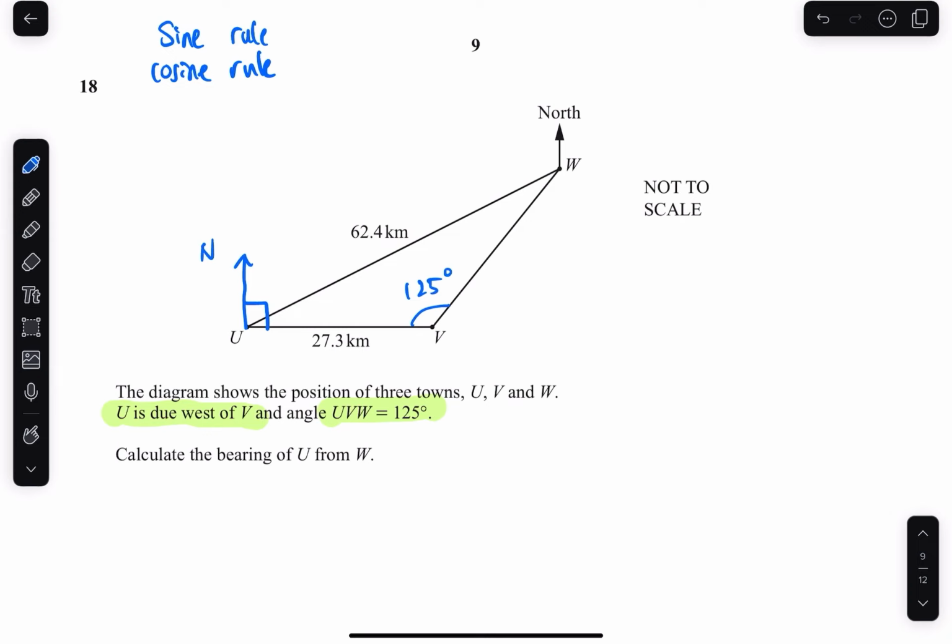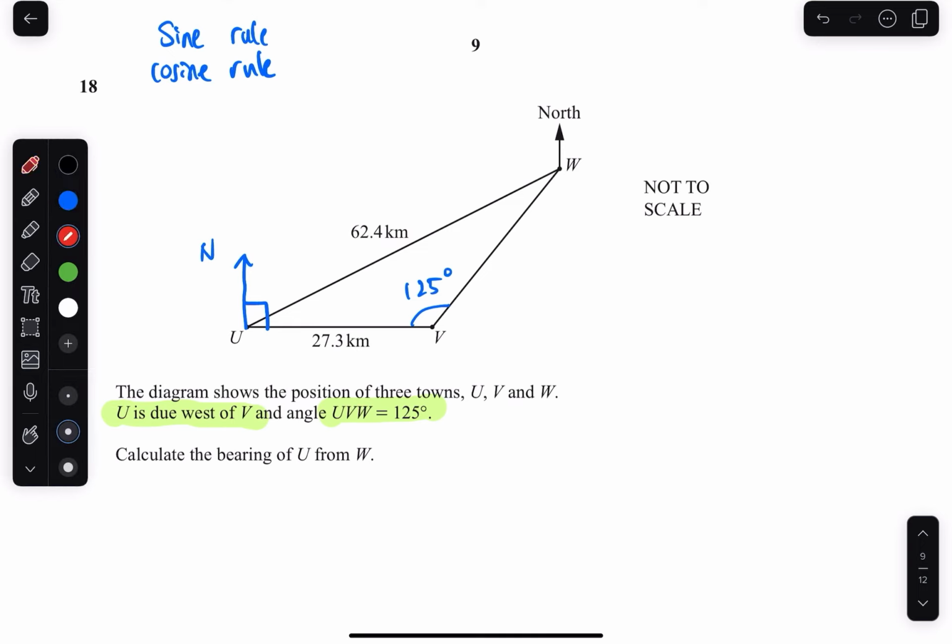My strategy to find the bearing of U from W, which is this angle in red, will be to find the angle in green first. Then I take 360 degrees minus the green angle to get the angle in red.